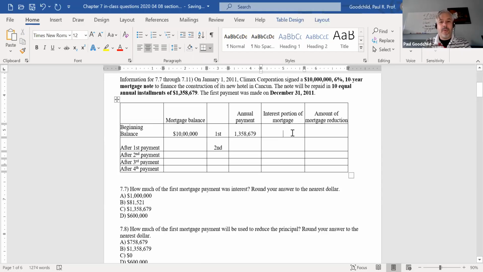And the interest portion is based off of the mortgage balance. So 10 million times 0.06, and that equals $600,000.